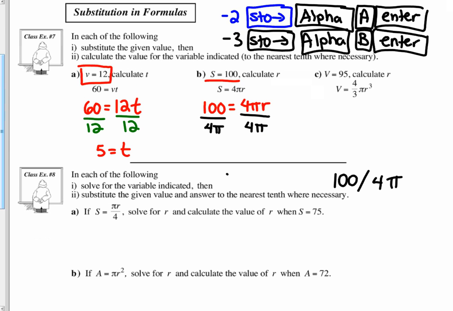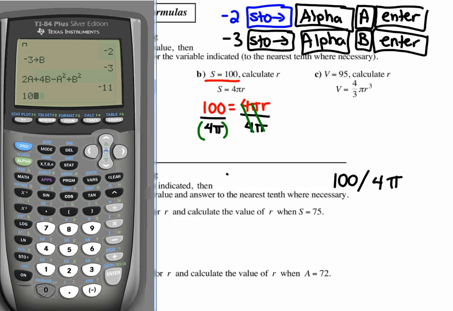It's dividing by 4 and then multiplying by pi. It's not dividing by 4 and pi. So what do you need if there's more than one thing on your denominator? Brackets, those invisible brackets. If there's more than one thing on your denominator, you always wrap it in brackets.